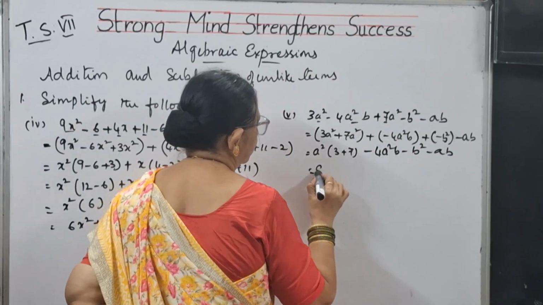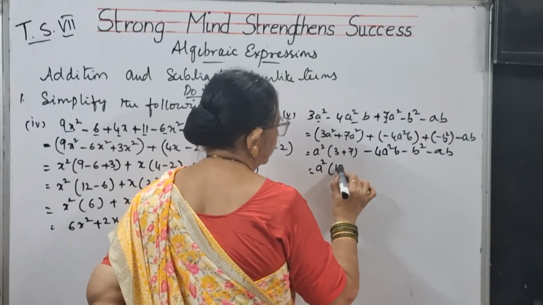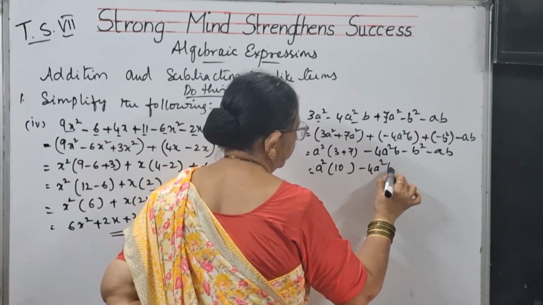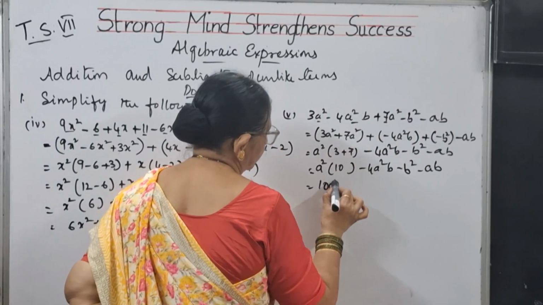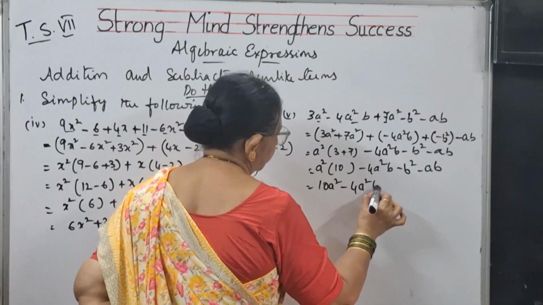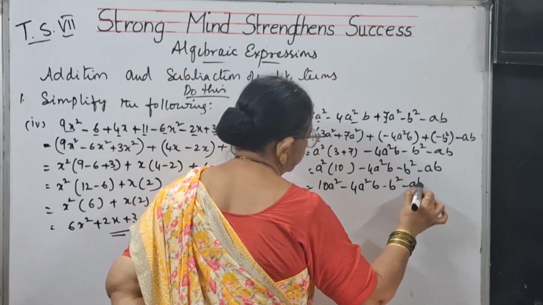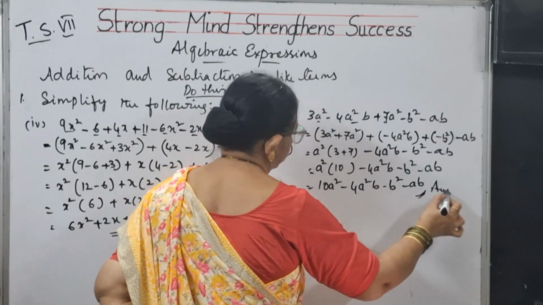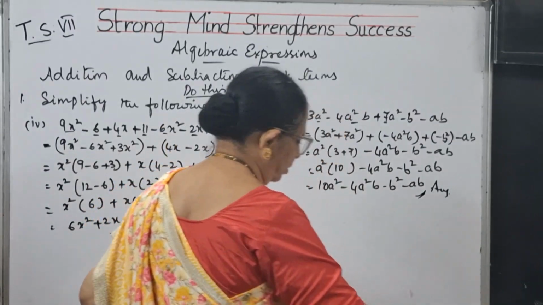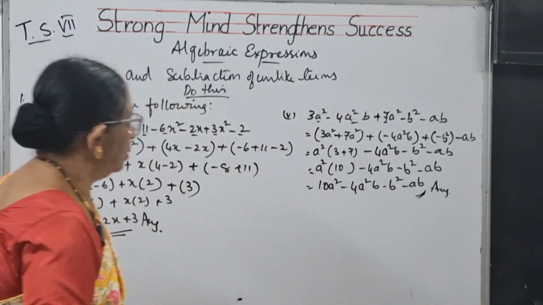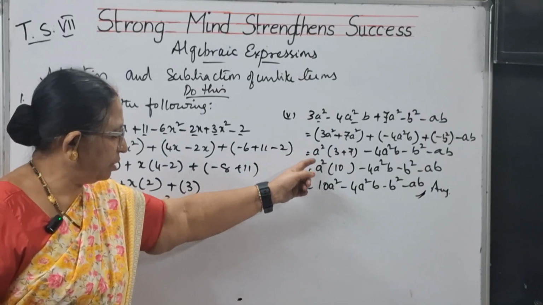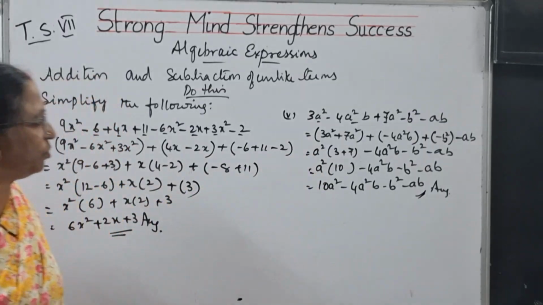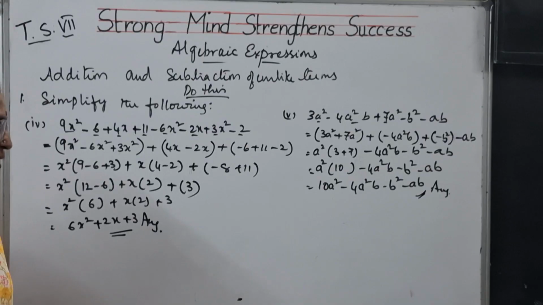This is equal to a square into 7 plus 3, 10, minus 4a square b minus b square minus ab. That is 10a square minus 4a square b minus b square minus ab is the answer for this bit, children. I have one more sum. I need space, so I'll be doing it afterwards. I hope I am clear, children. Directly people will write, but if you write step by step, there is no chance of making any mistake. That is why I have written in this way.